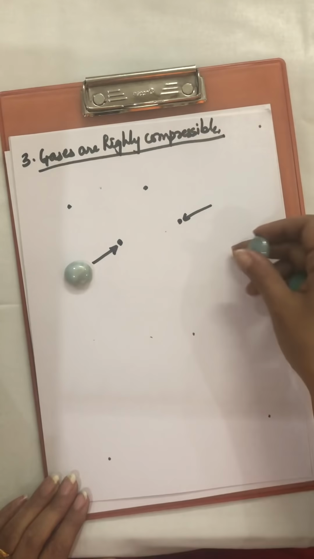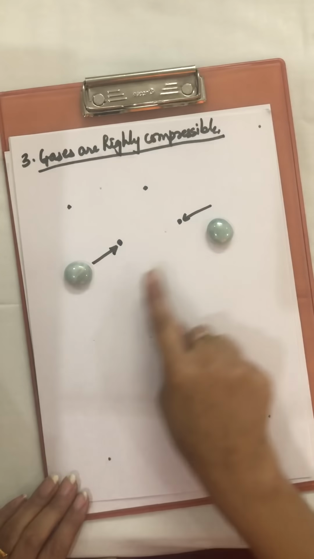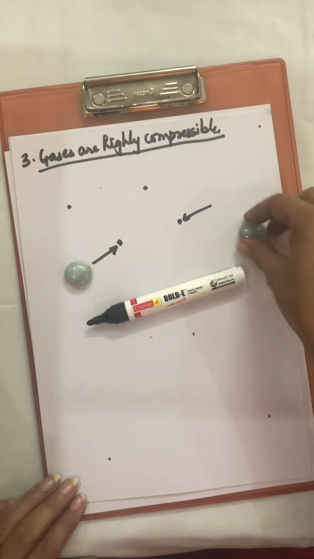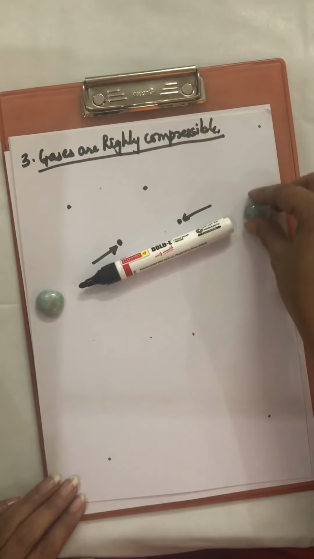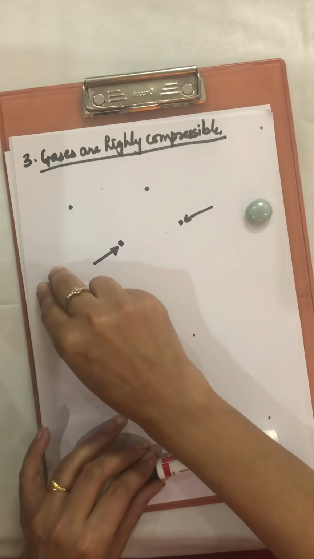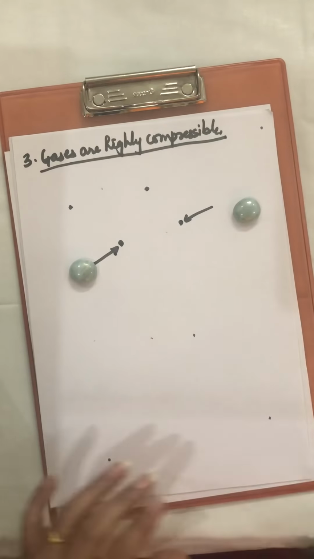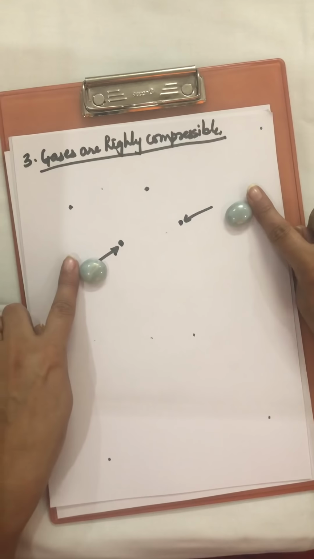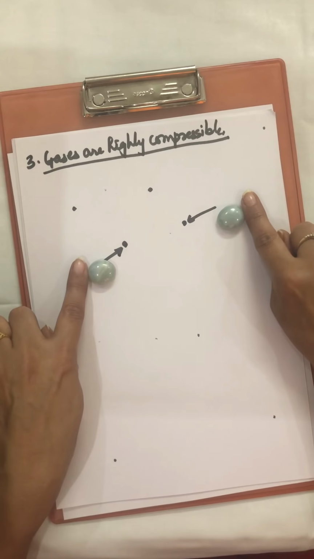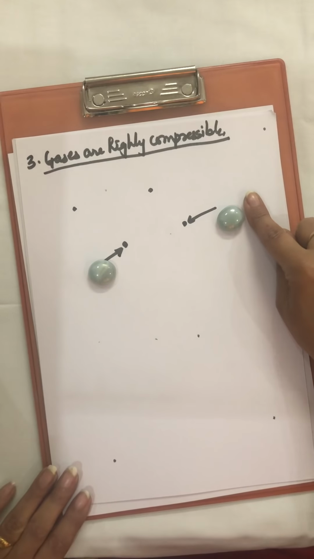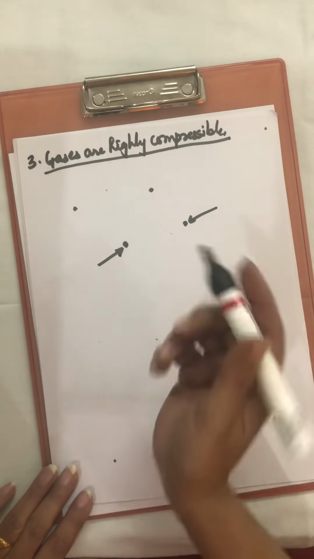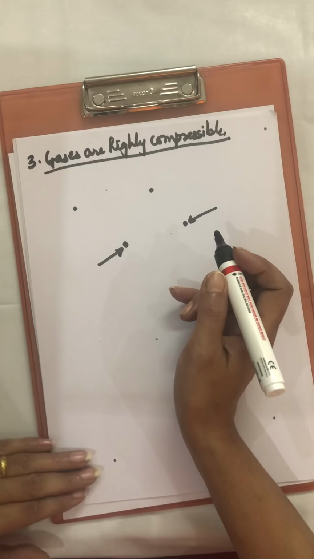Suppose these are the particles of gas away from each other, and the force between them is very, very weak. This can be easily broken and the particles can easily move when we apply pressure from the two sides. They come close because the space is big. So gases are highly compressible because of the large interparticle spaces between them.